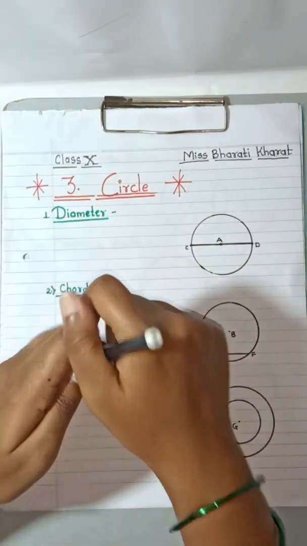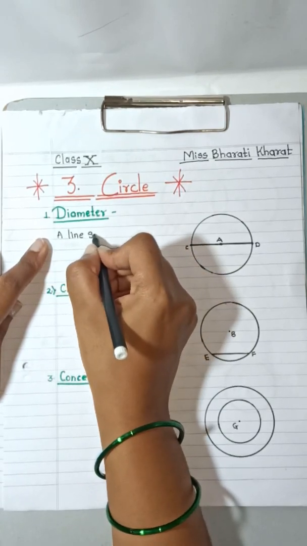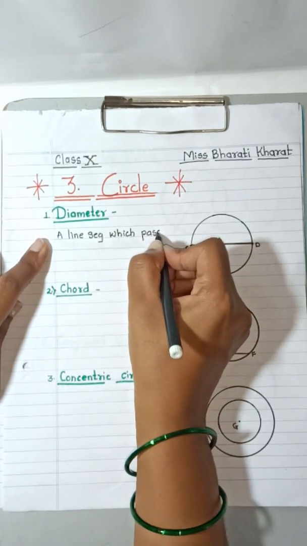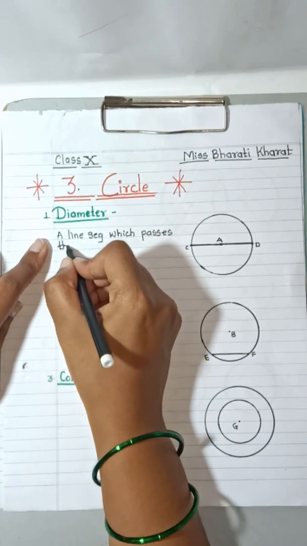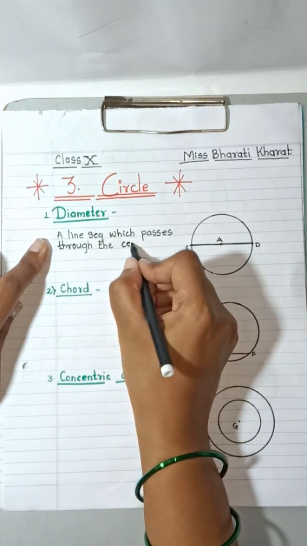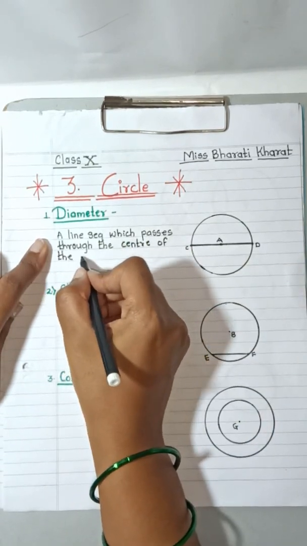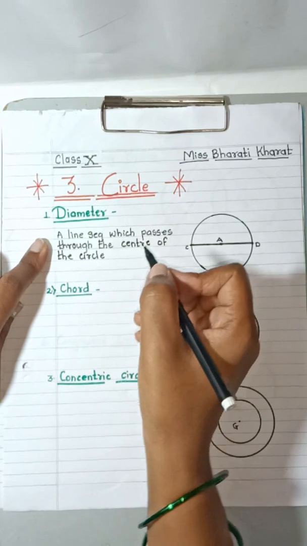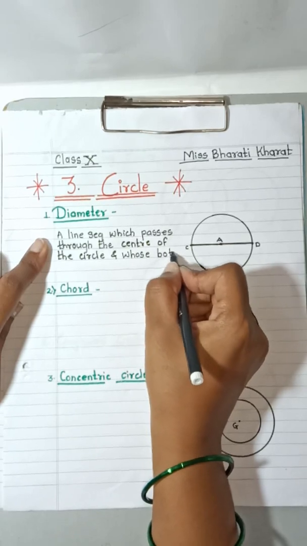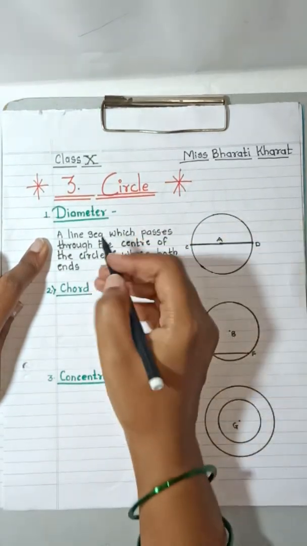So children, I'll write it down over here. A line segment which passes through the center of the circle and whose both ends lie on the circle.